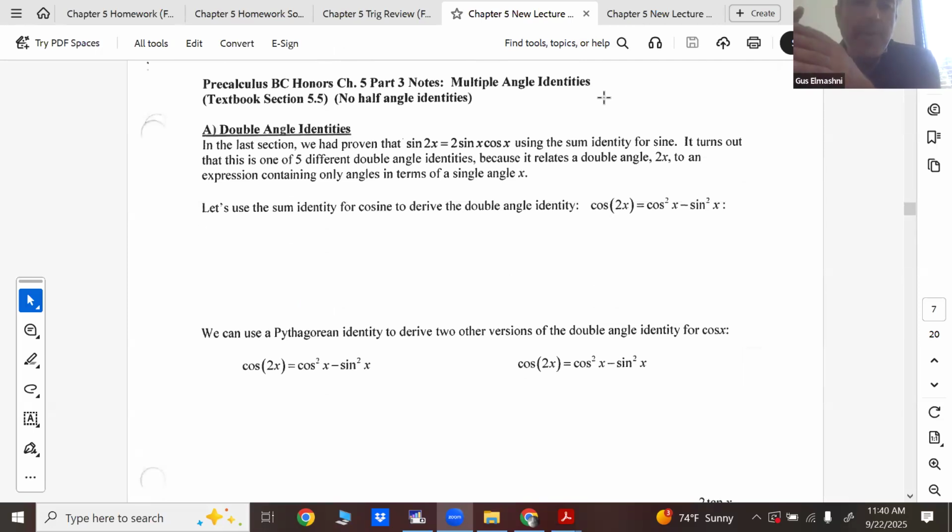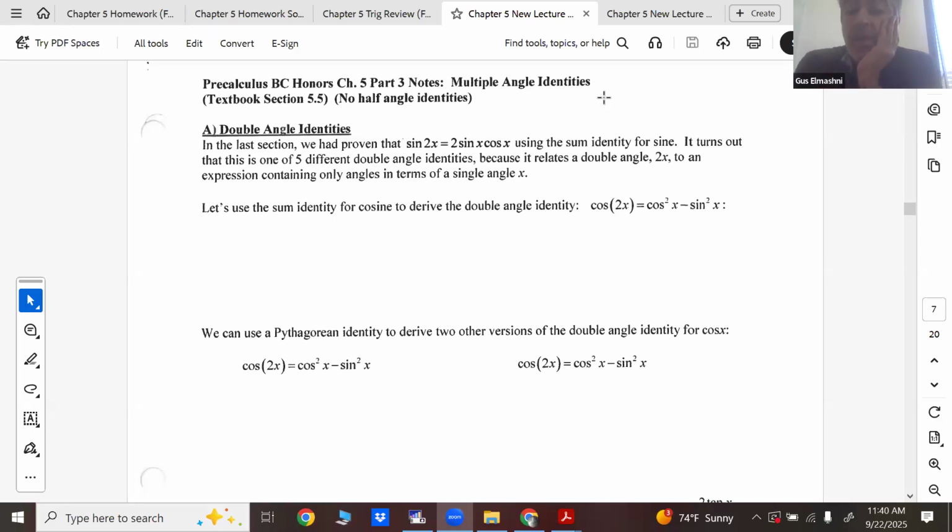Can you read that first paragraph where it says in the last section? In the last section, we had proven that sine 2x is equal to 2 sine x cosine x, using the sum identity for sine. It turns out that this is one of 5 different double angle identities because it relates a double angle 2x to an expression containing only angles in terms of a single angle x.